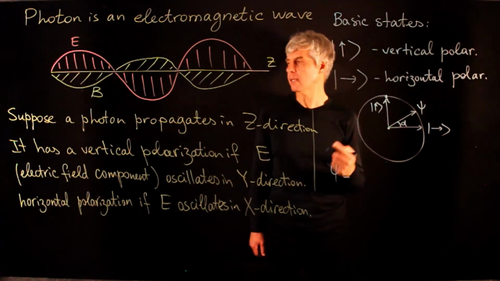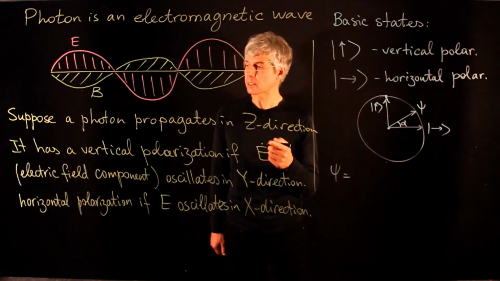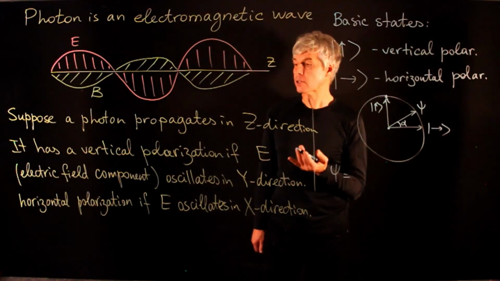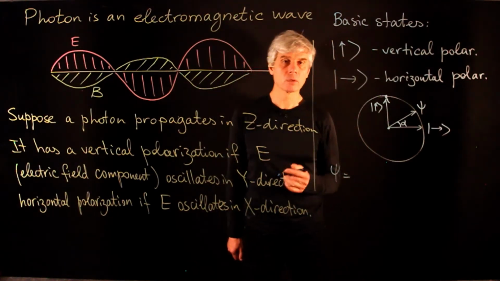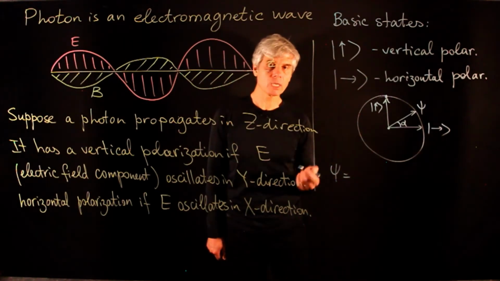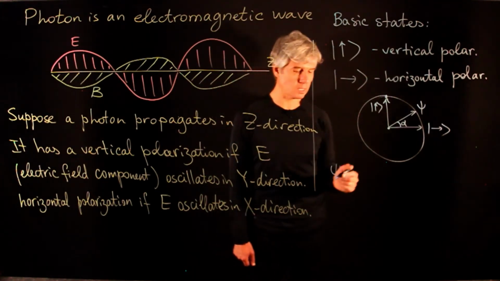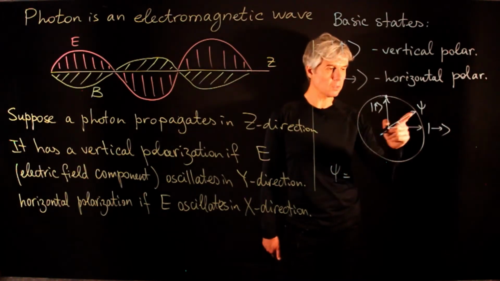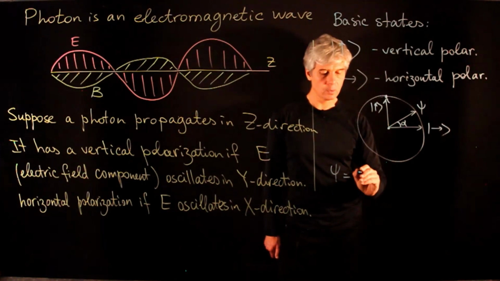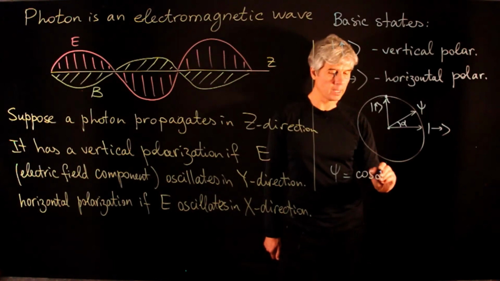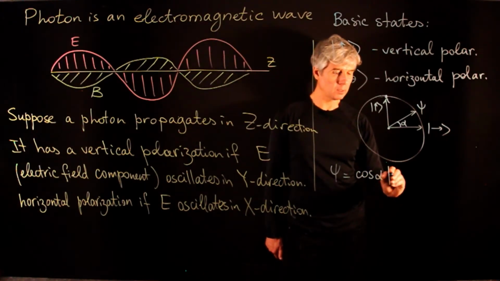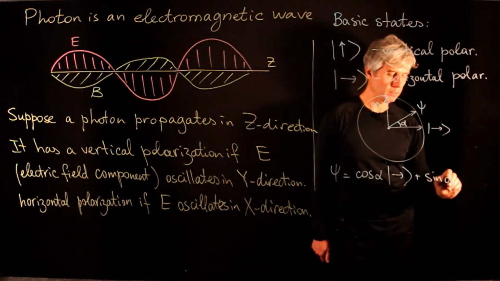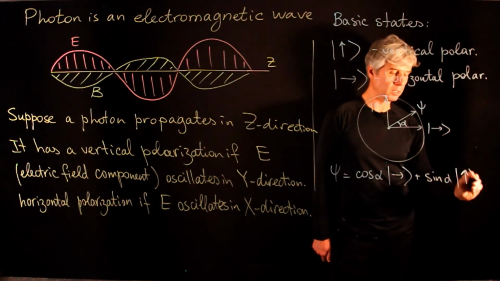So what we say is that the quantum states of a photon are vectors in the space of states. This means that we are allowed to take linear combinations of these states. So we can mix these states. And here, this state psi will be cos alpha times horizontal polarization plus sine alpha times vertical polarization.